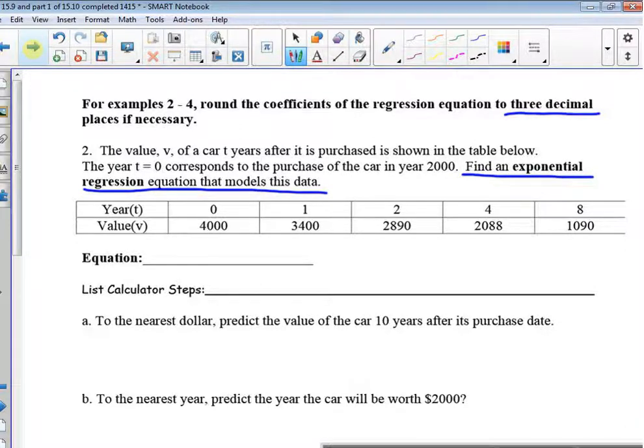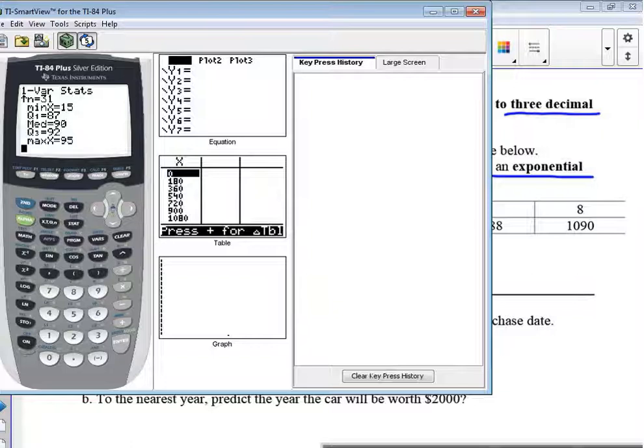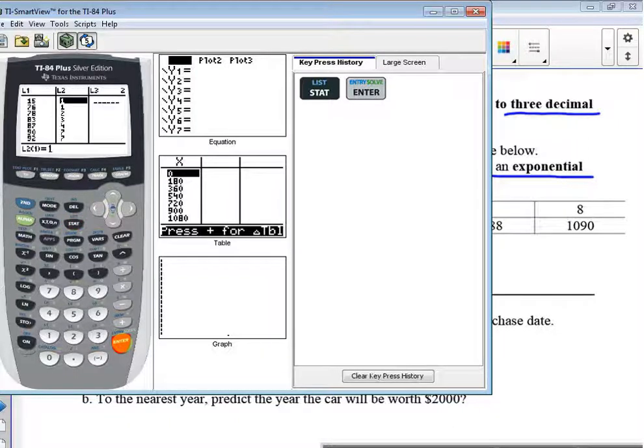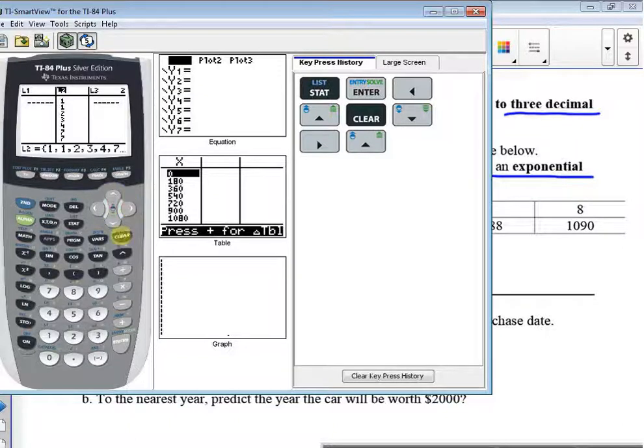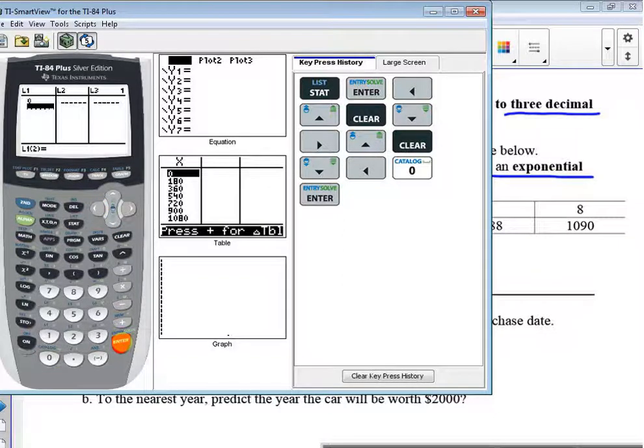So we'll go to the calculator itself and go to our stat, edit, and clear out these lists. And type in 0, 1, 2, 4, 8.